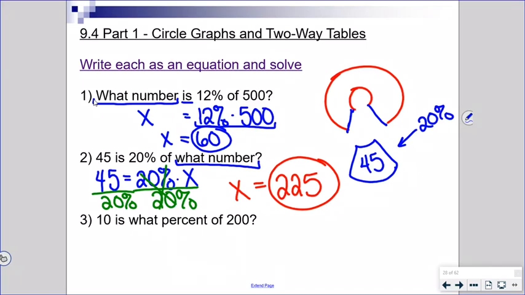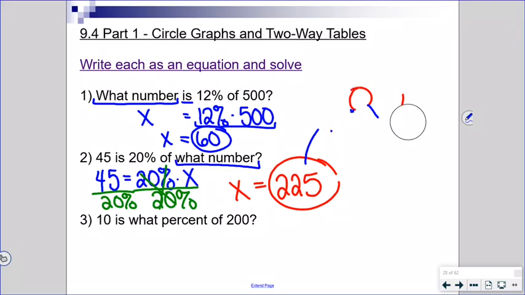So if this is 20%, I care about the other 80%. So it makes sense that the 225 is all of it. That 225 is a much bigger number than 45. So I'm taking a small chunk out of a bigger thing. That's why our answer is so big. Okay?